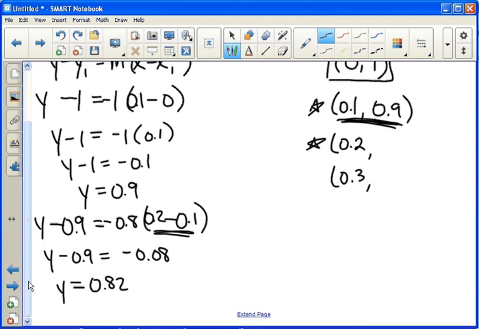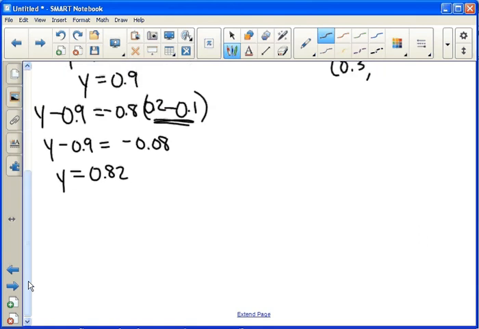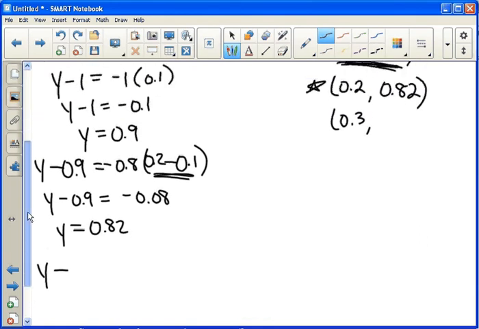Okay, so now we have just one more to try. We have y minus, okay, again, you're updating with new information each time. So this is our newest point, so we plug this in for y and this in for x.